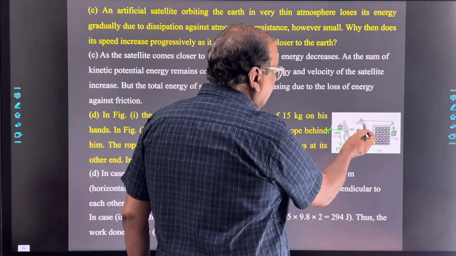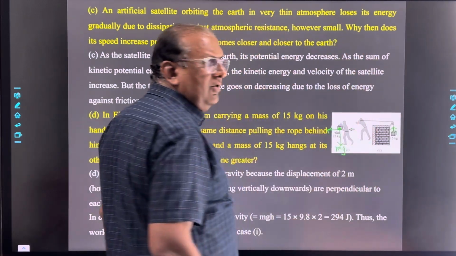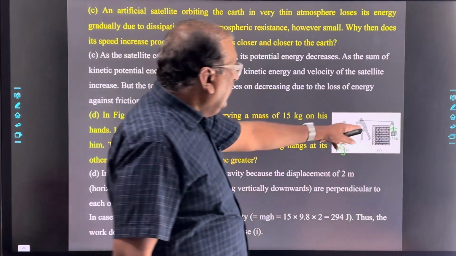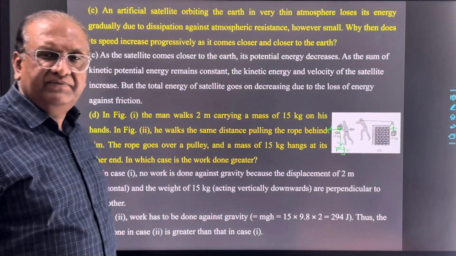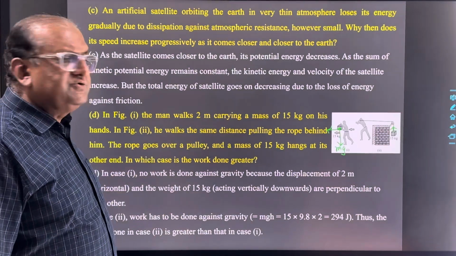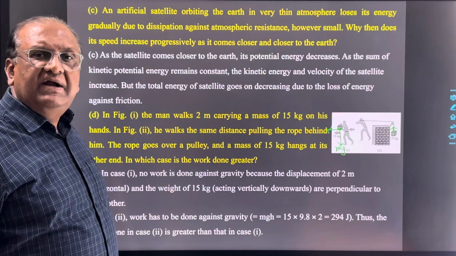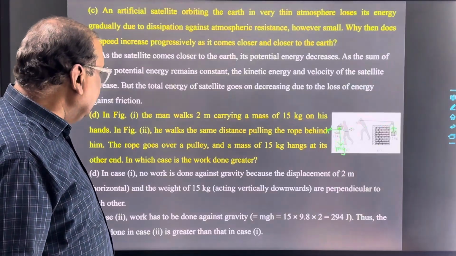If the man walks 2 meters, then the displacement of this body will be 2 meters upward, and the pulling force by the rope is also upward, right? And this work is done against gravitation, which is in the downward direction, mg. So here the work done is mgh.